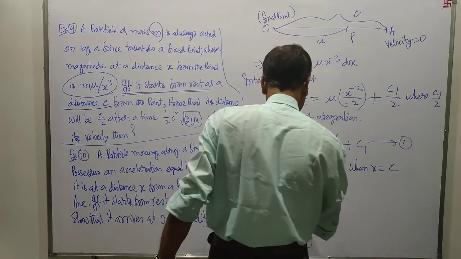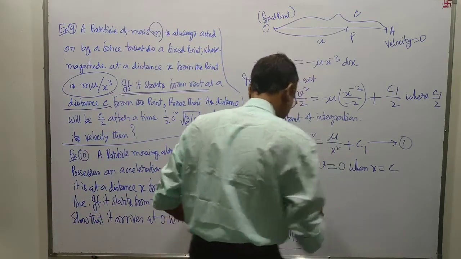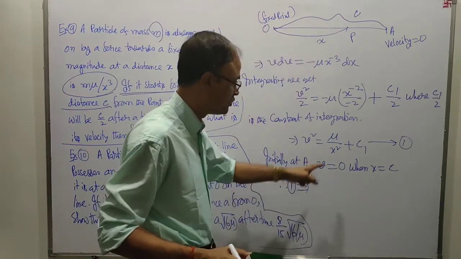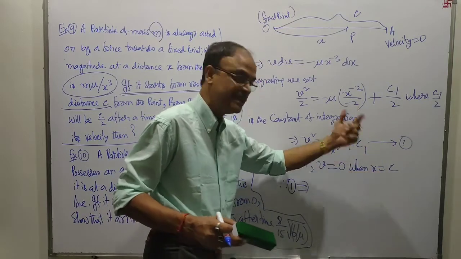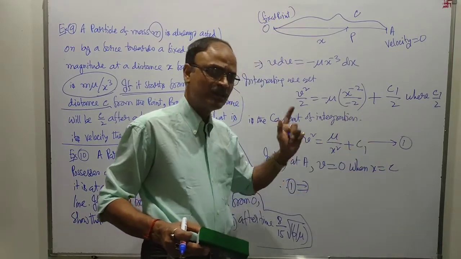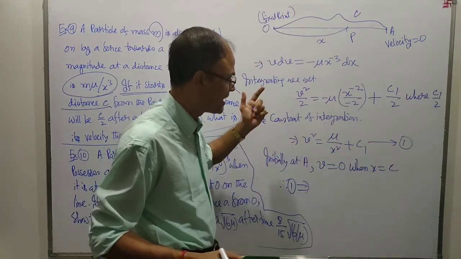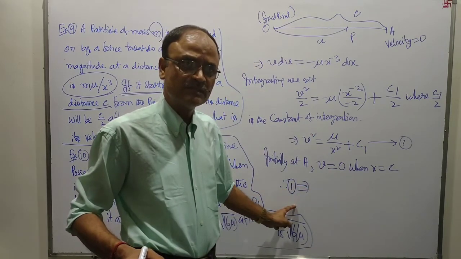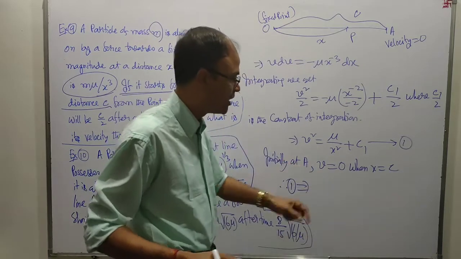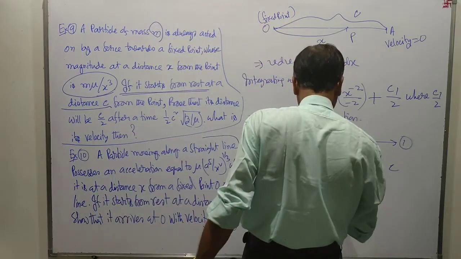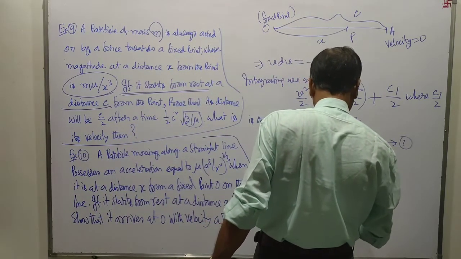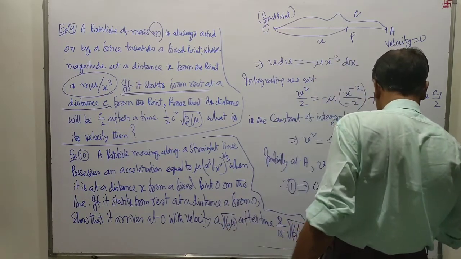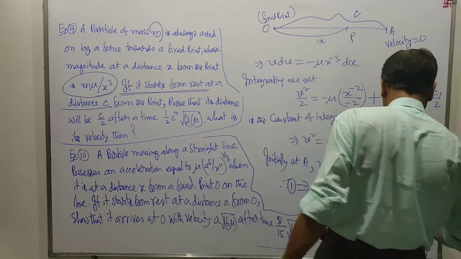Therefore from 1 we get, substituting v equal to 0, x is equal to C in 1, 0 equal to mu by C square plus C1. This means C1 equal to minus mu by C square.